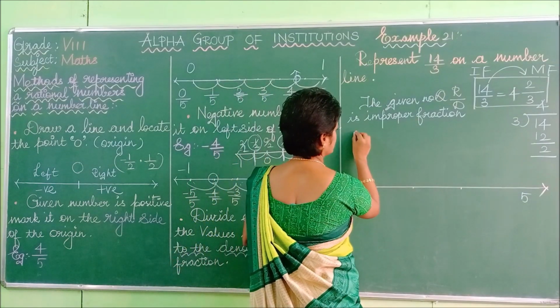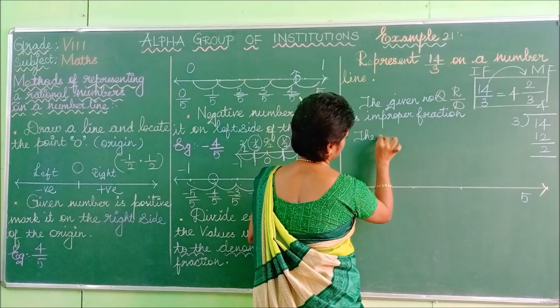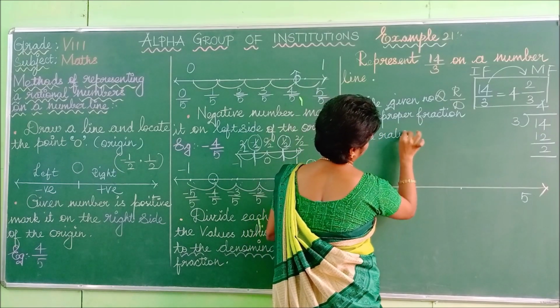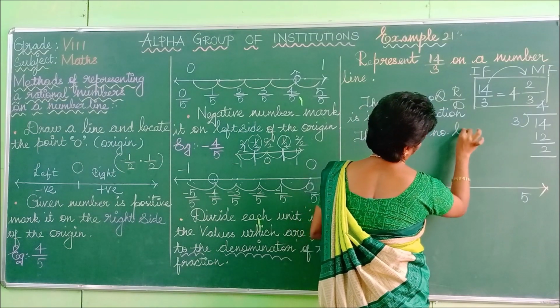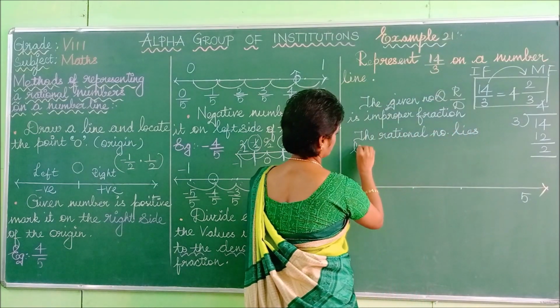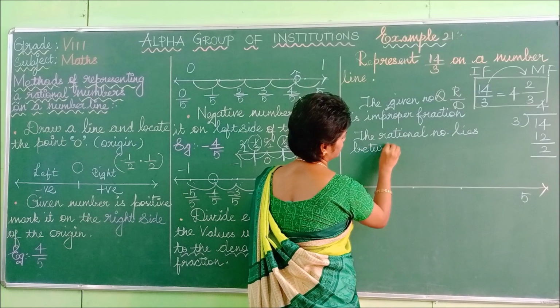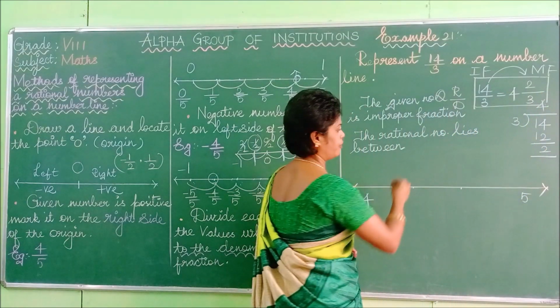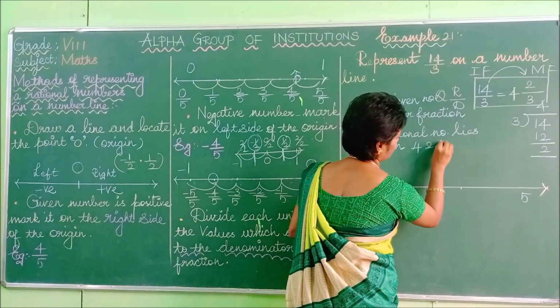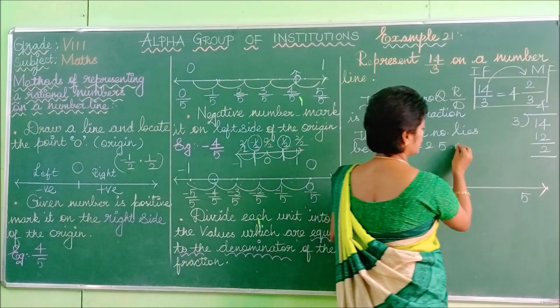So this lies between the rational numbers. Between which two numbers? It lies between which is greater than 4 and less than 5. Which lies in between 4 and 5 on a number line.